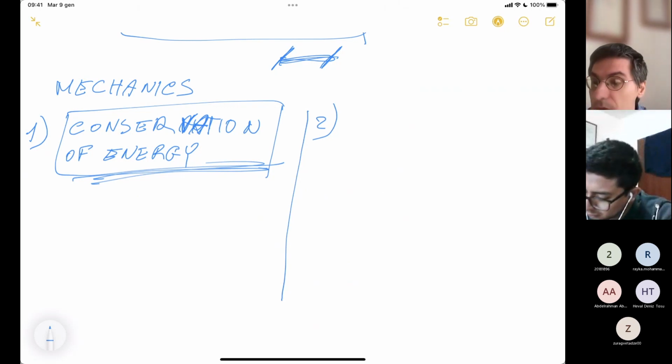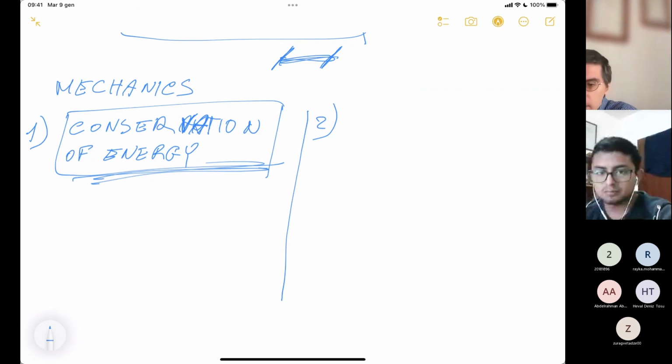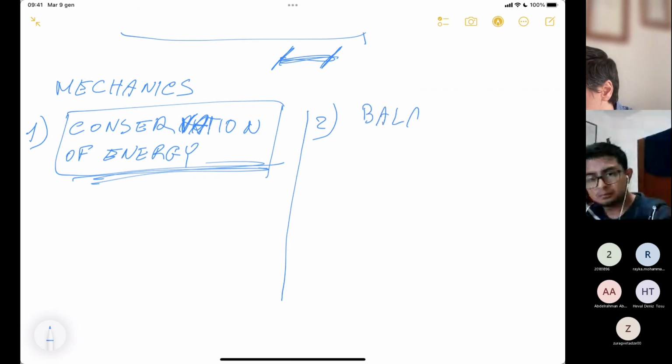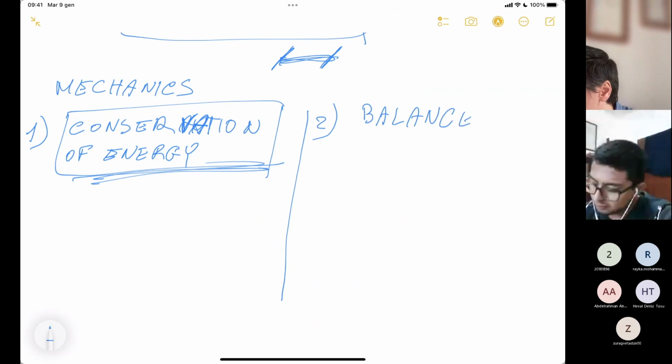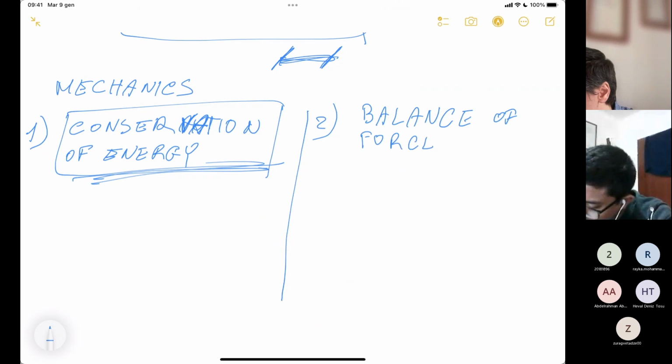You know, the first law, the second law, and the third law of Newton. The important things in the mechanics of the deformation of a body are the balance of force and the balance of moment of force.